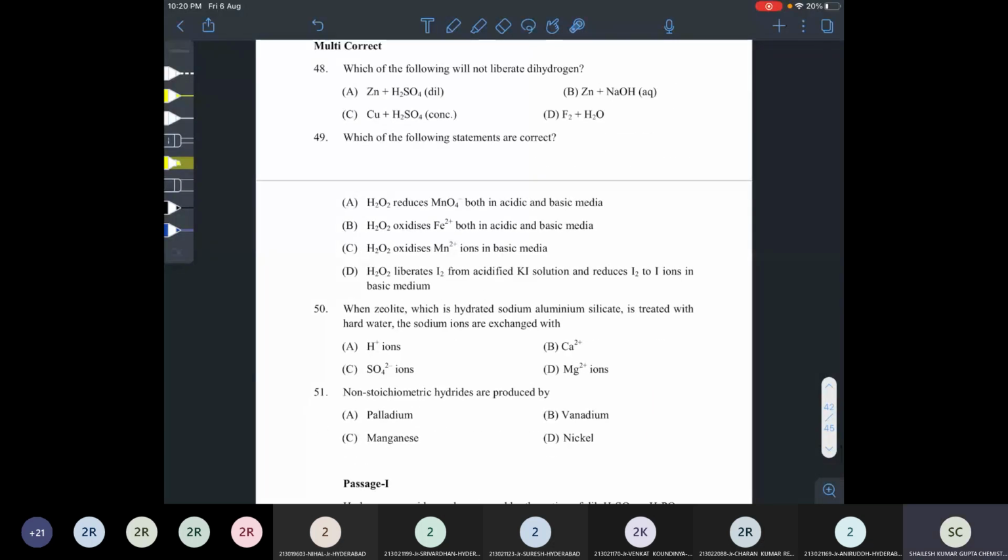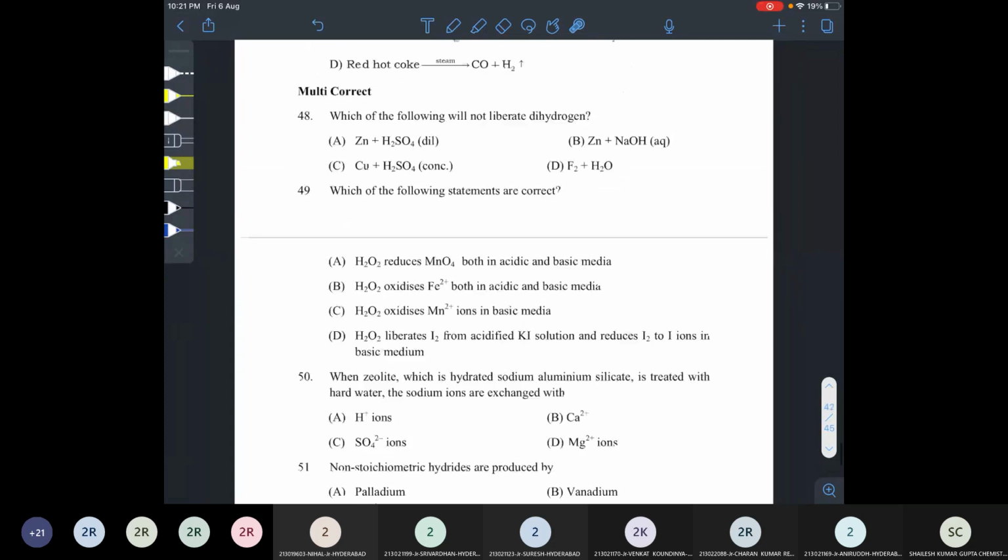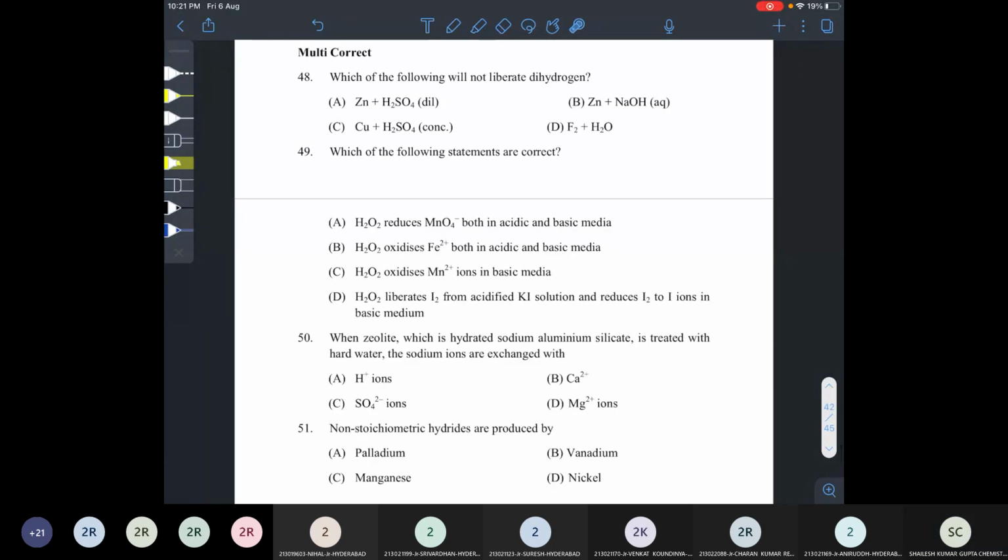Which of the following statements are correct, right? That one only. Yes, sir. Okay. So again, you have to look at the reaction. There is no other alternative.